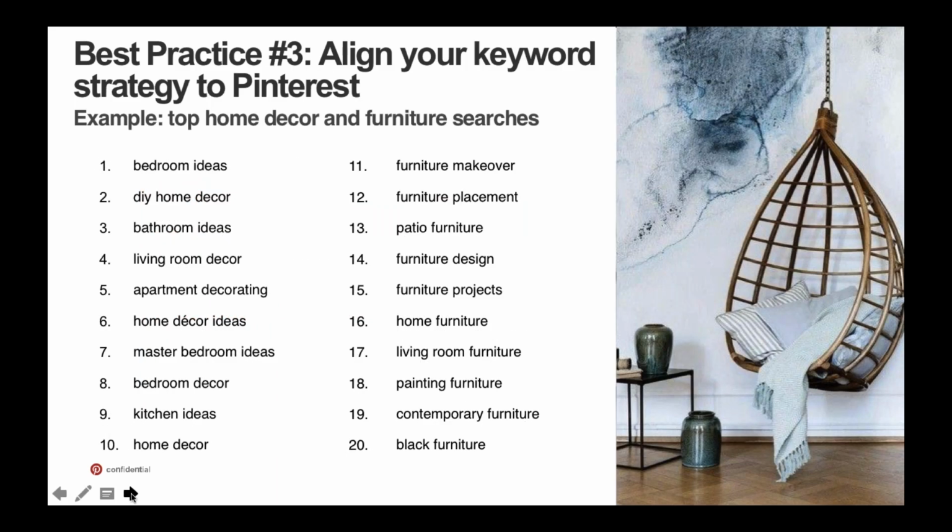To give you an example of the top terms that would be searched for, let's say, home decor and furniture searches, these are the top 20 terms in terms of volume, but also terms that perform really well in campaigns. And as you can see, most of them are 1 to 3 words in length. Most of them contain the term idea. These are the kinds of terms you want to make sure you're including in your campaigns, especially when you start.